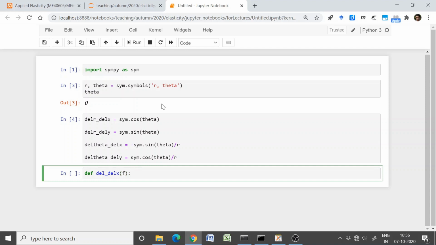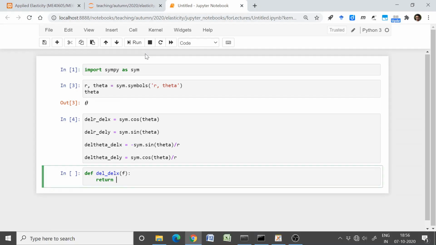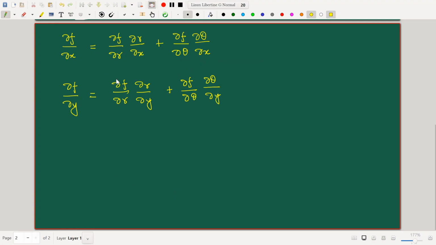So del x of f is, so I have to return this thing. So given a certain f, how do I return it? I check the expression again. So I need the del r del x in this first term. I write that del r del x, which is already defined in this previous input cell, multiplied with the del f del r. So you see here we have the del f del r.